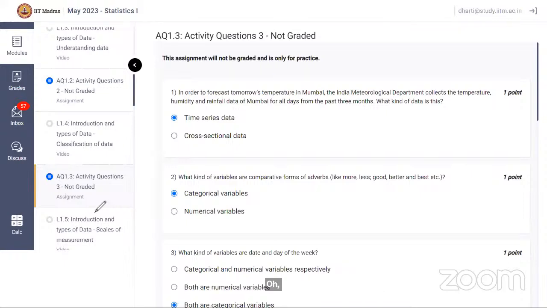Any question from 1.3 or should we move to 1.4? Ma'am, in time series data the case is constant and time is the variable, but in cross-sectional data time is constant and case is the variable, right? There is some correction.